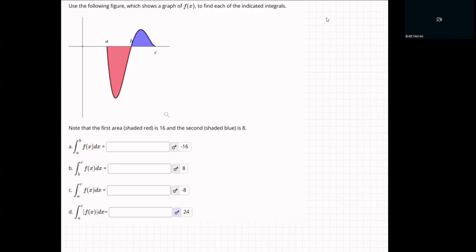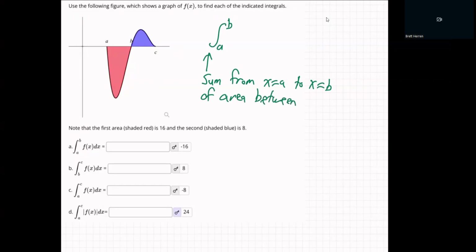So let me just write that out for you. When we do this symbol, this means the sum, the adding up. It's a big S. From x equals a to x equals b of the area between the graph and the x-axis.